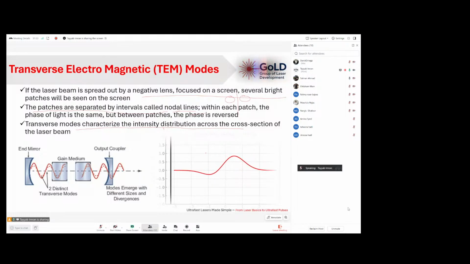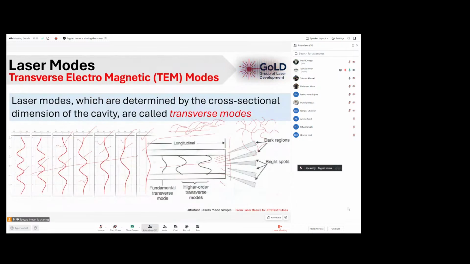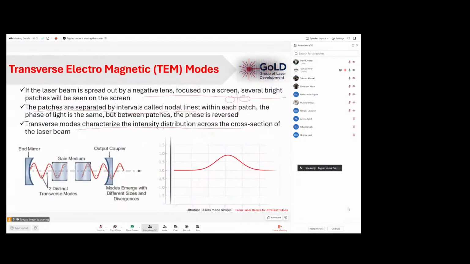In the second point, the patches become reversed in the mode. How does it happen?